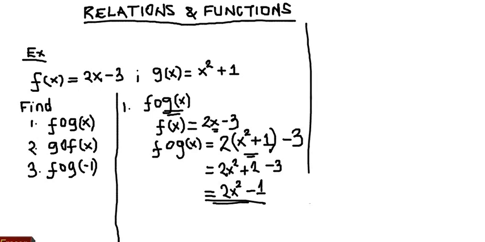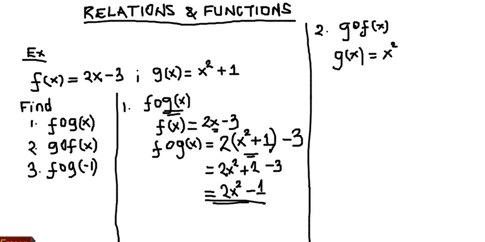So we can do the same for g of f of x. To get g of f of x, it simply means we are starting off with the function g of x, which is given to us as x squared plus 1.